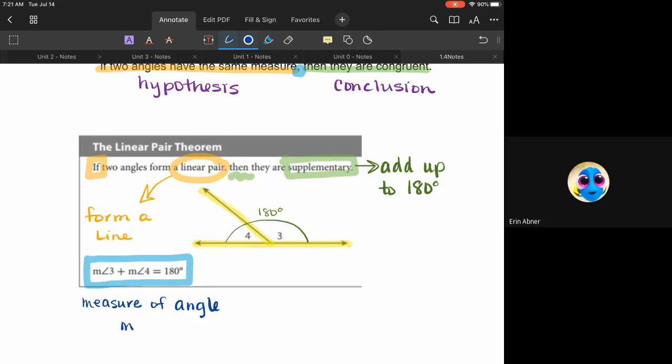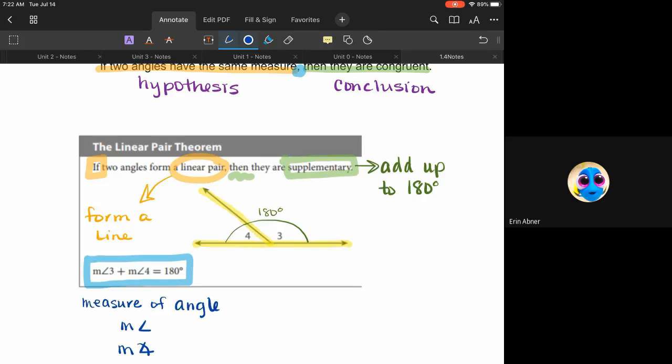So measure of angle. When I write it, mine looks like this. And I always put an arc in there because to me that lets me know that that's not an L or a less than symbol. So measure of angle, I always put the little line in there to make sure that you know that it is an angle that I'm talking about. And that's not like an L or a less than symbol or anything else like that. But there you go. That's what those look like.